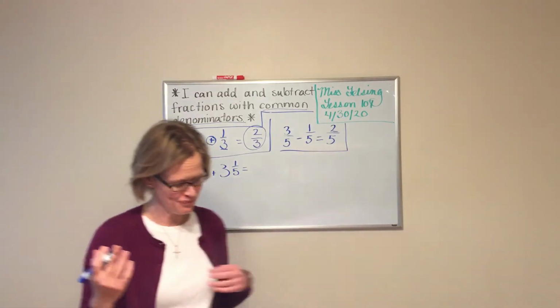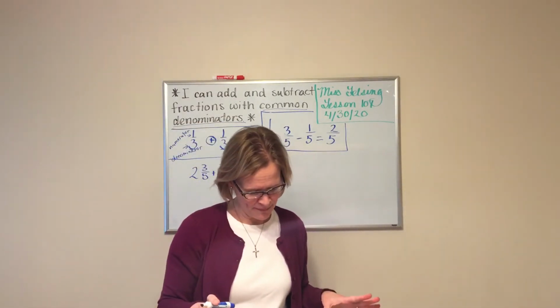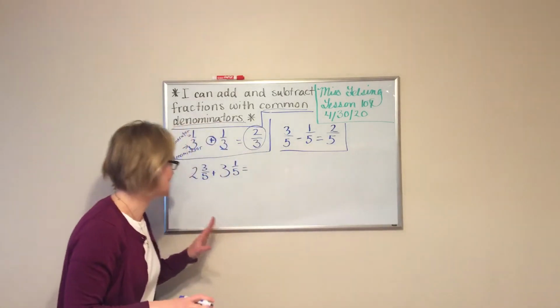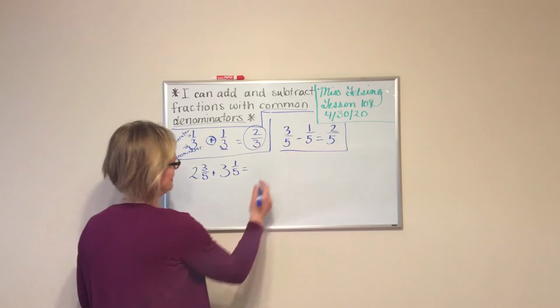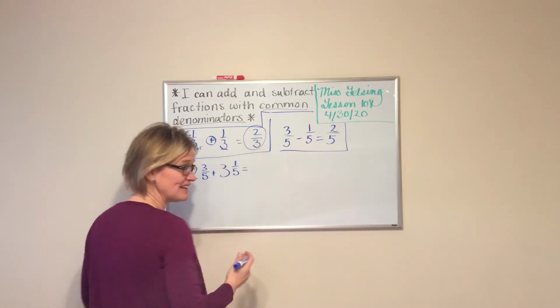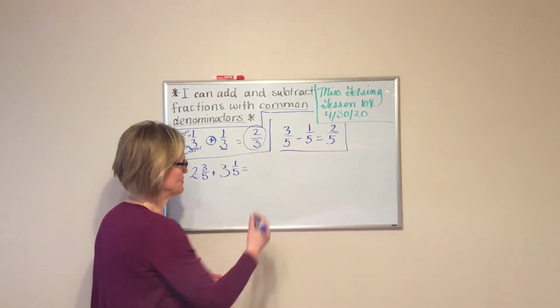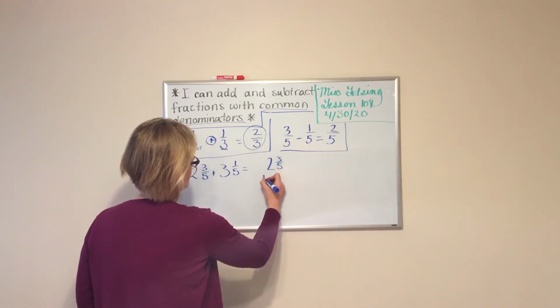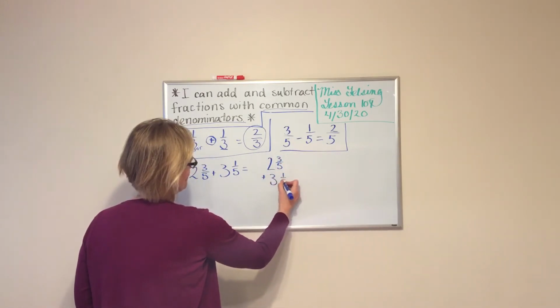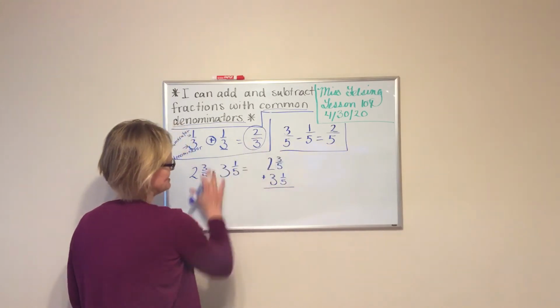What do I do? It is helpful to remember that you can add these numbers first. Another way of looking at it is if you would do it vertically. I'll just show this to you. So if you would do 2 3/5 plus 3 1/5. So if that's easier for you.